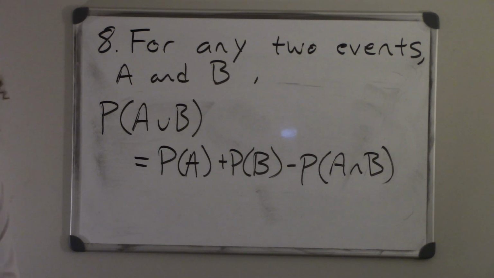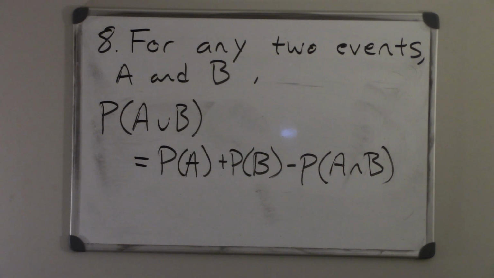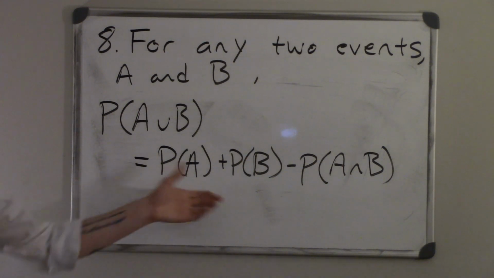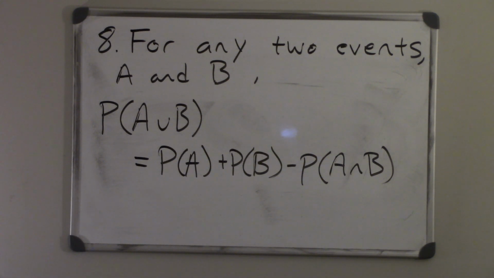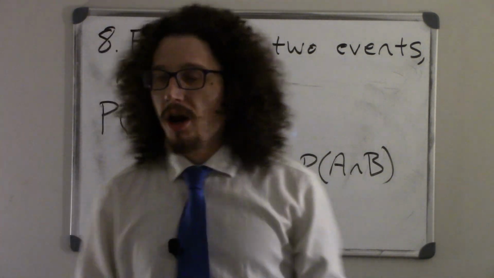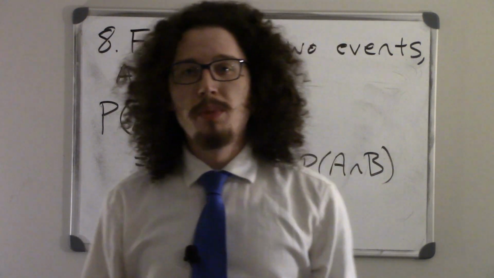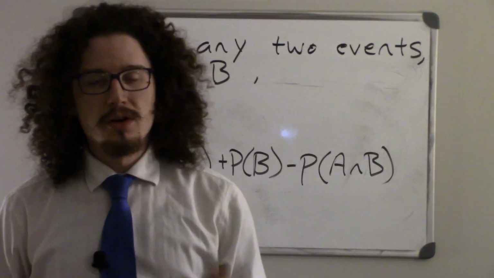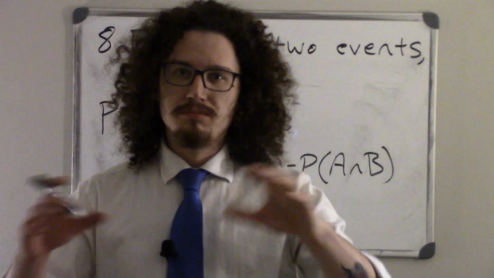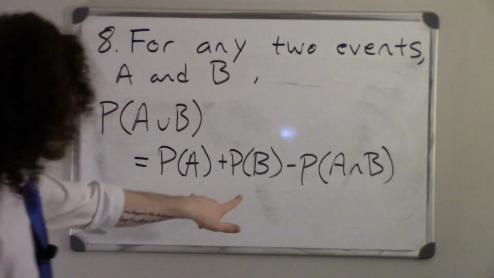Well, if we think about what the probability of a union is looking for, it's looking for the probability that you have an outcome in A, an outcome in B, or both. And when we looked at our little diagram, we colored in the entire thing, both full circles and the area that overlaps.